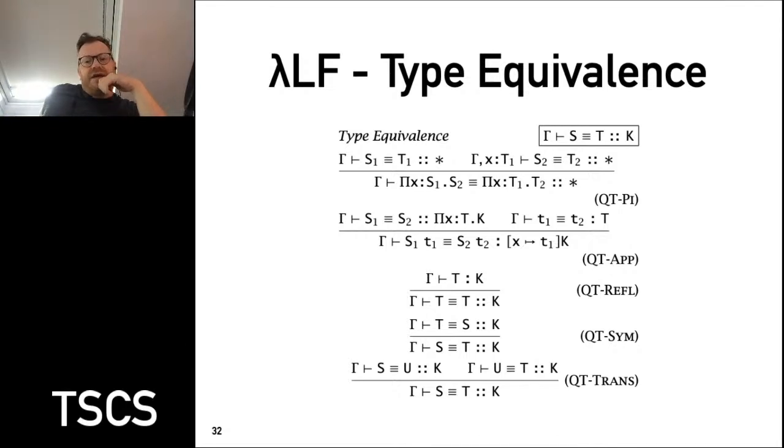Then this is the case when S1 is equal to T1, so the input types must be equivalent and must be proper types, and also under the assumption of the input type of T1, which is equivalent to S1, so you can substitute whatever comes naturally in your proof, then S2 is also considered to be equal to T2, and they are also proper kinds, and this then gives you type equivalence for pi types.